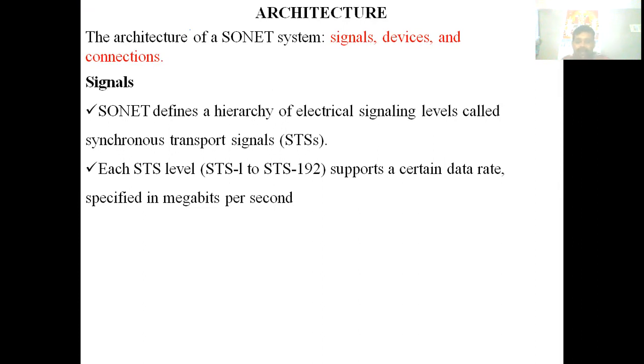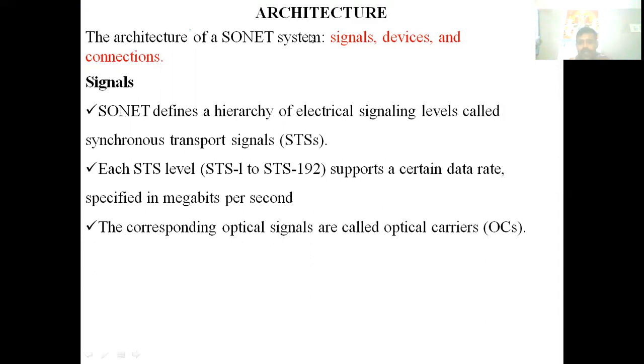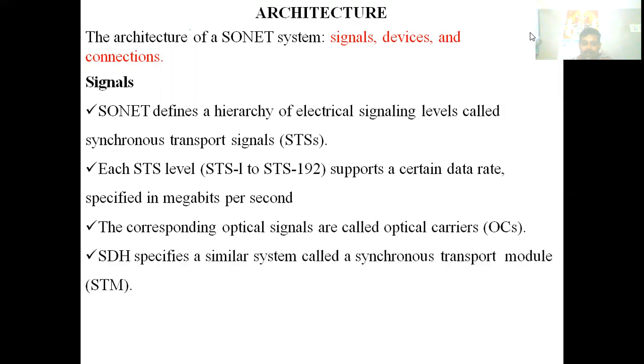So we are having the synchronous transport signals from STS1 to STS192. Each one is having a separate data rate, which is mentioned in megabits per second. The corresponding optical signal are called optical carriers.